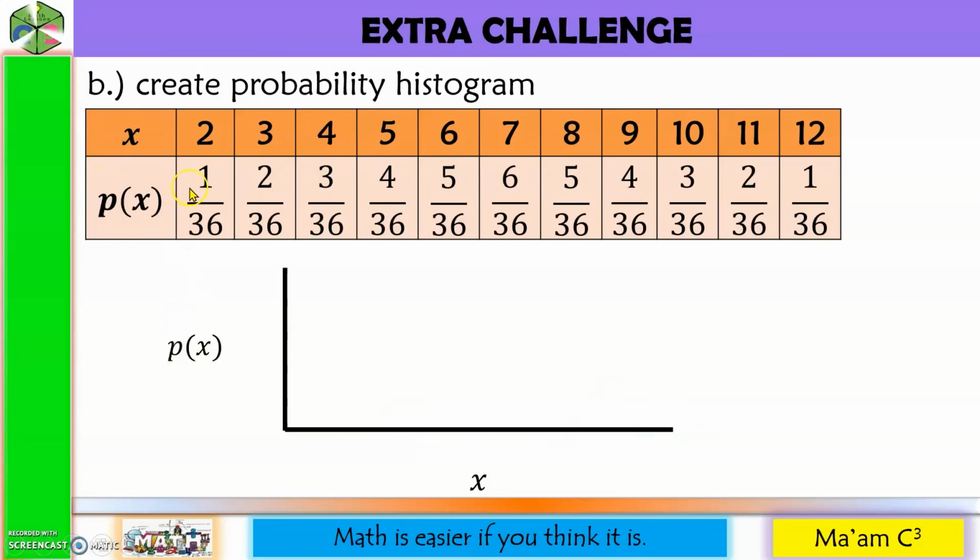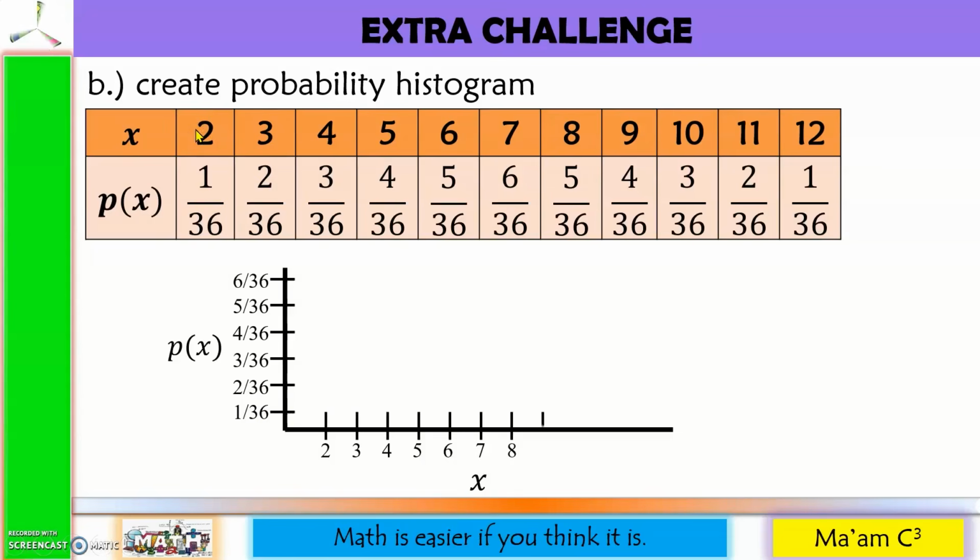Let's start with P of x: 1 over 36, then 2 over 36, 3 over 36, 4 over 36, 5 over 36, and 6 over 36. No need to write this because they are already here. For our x, we have 2, 3, 4, 5, 6, 7, 8, 9, 10, 11, 12.